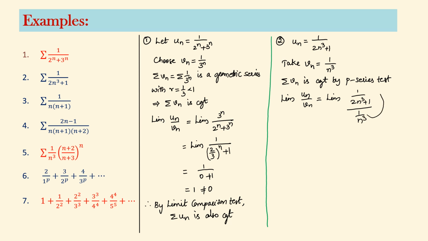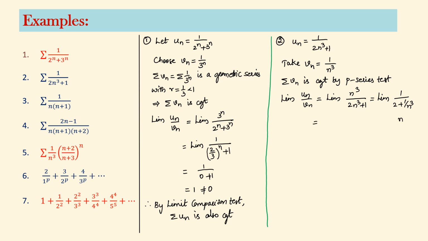So this n cube will go to the numerator, and this will become n cube by 2n cube plus 1. Taking n cube common in the denominator, it gets cancelled with the numerator's n cube. So I'll get 2 plus 1 by n cube in the denominator.